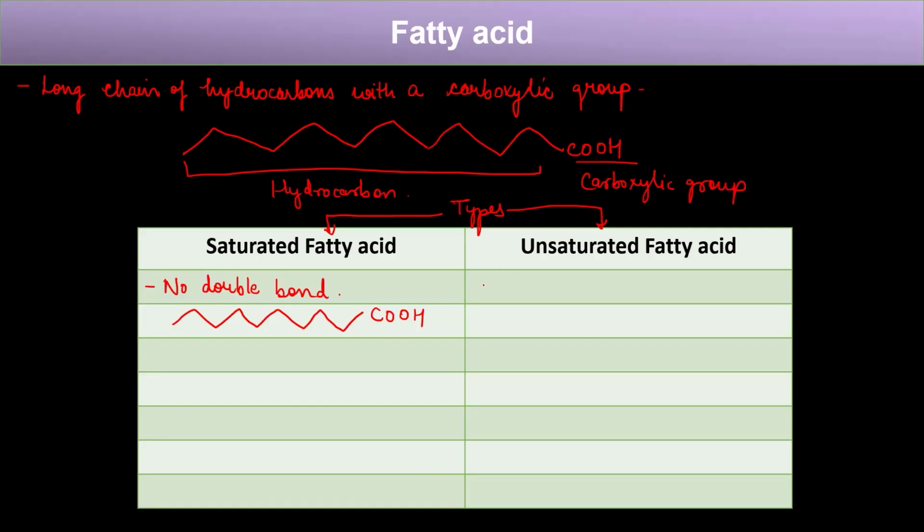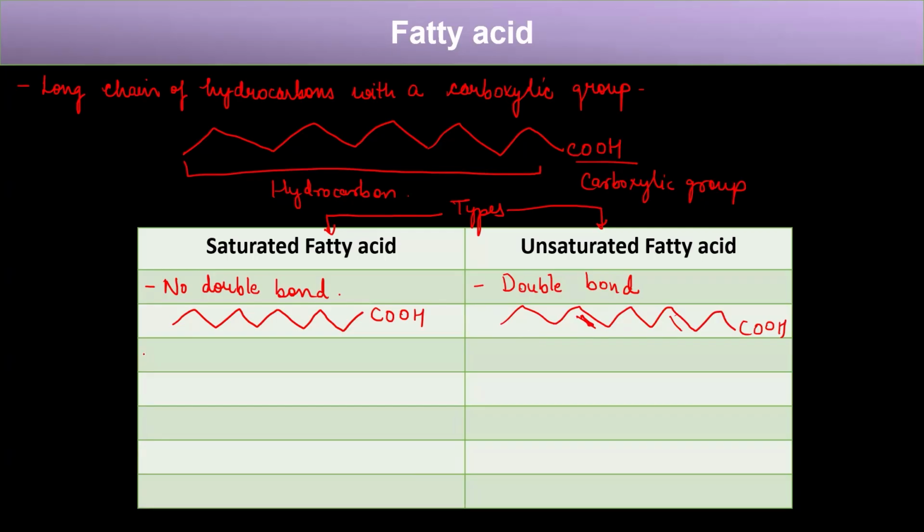Okay. But in the case of unsaturated fatty acid, it has double bond. Okay. So its structure will look like this. It has COOH and then it will have double bond at various places. Okay. So this is how the unsaturated fatty acid will look.